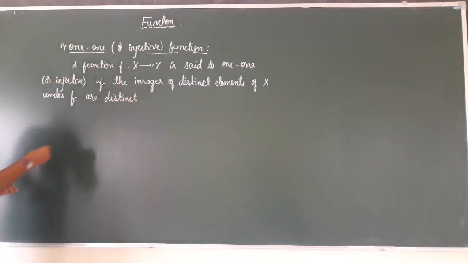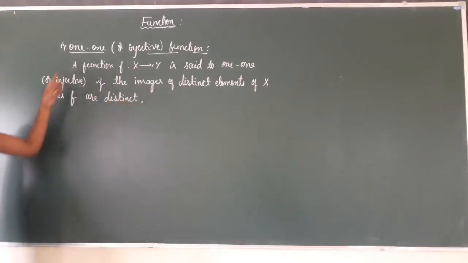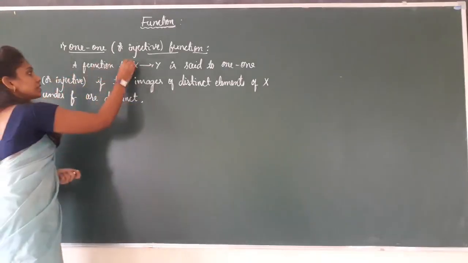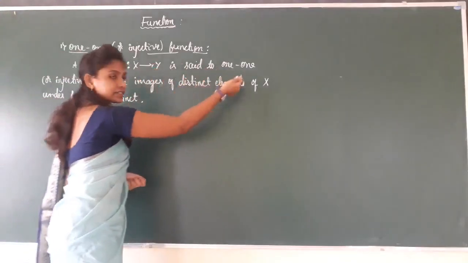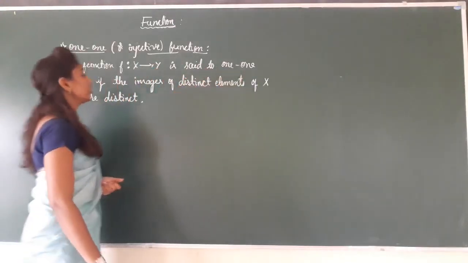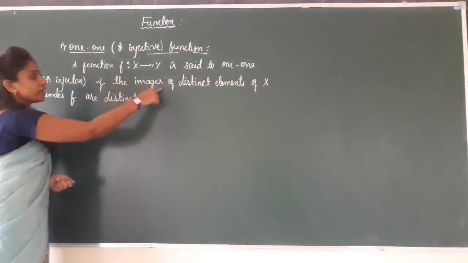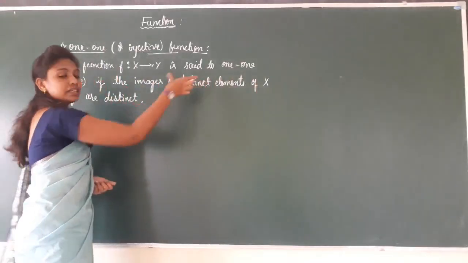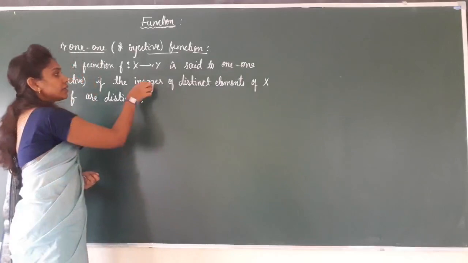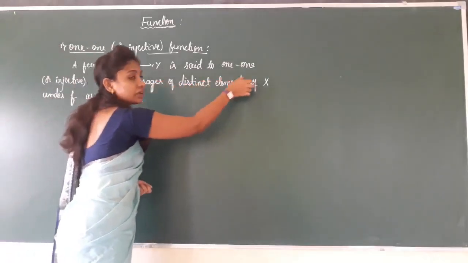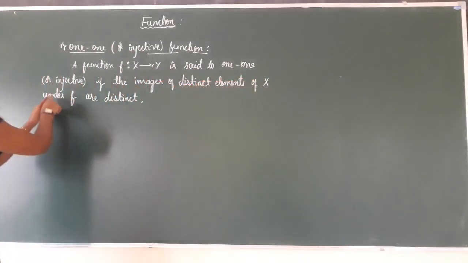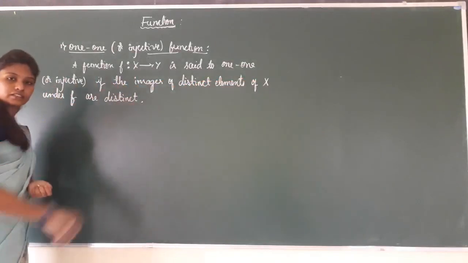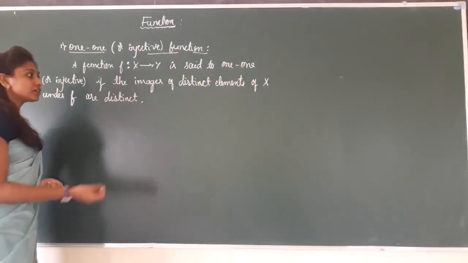Observe. What is the definition? A function f from set x to y is said to be one-one if the images of distinct elements of x, distinct means different, under the function f are different. Okay, observe.